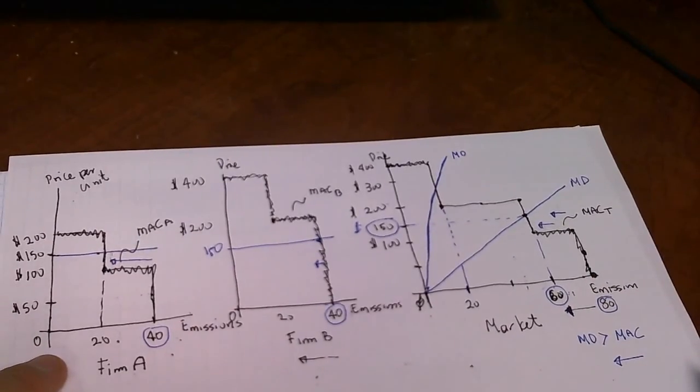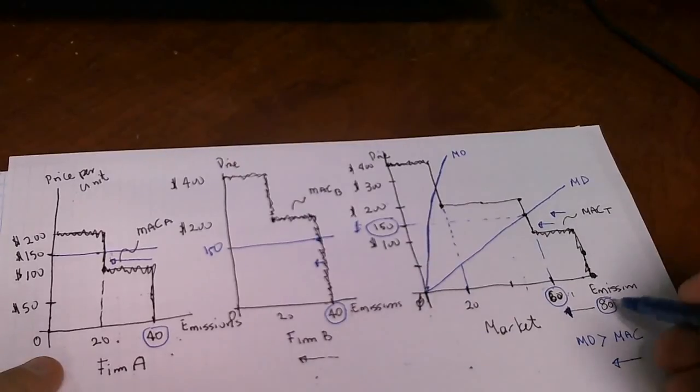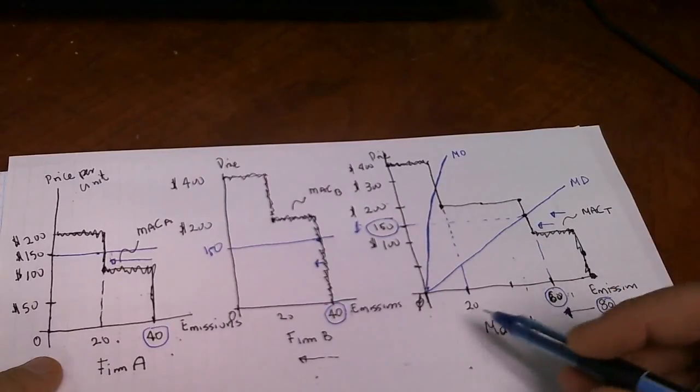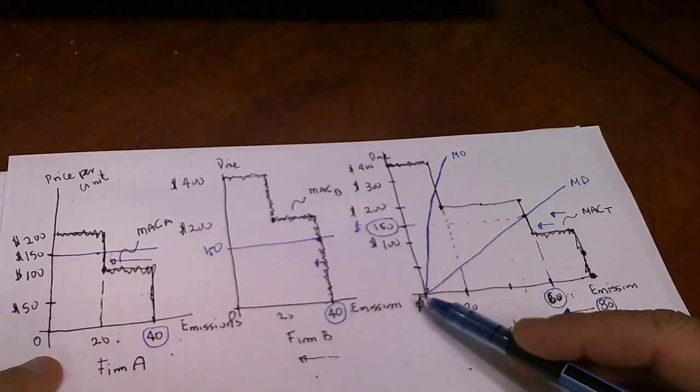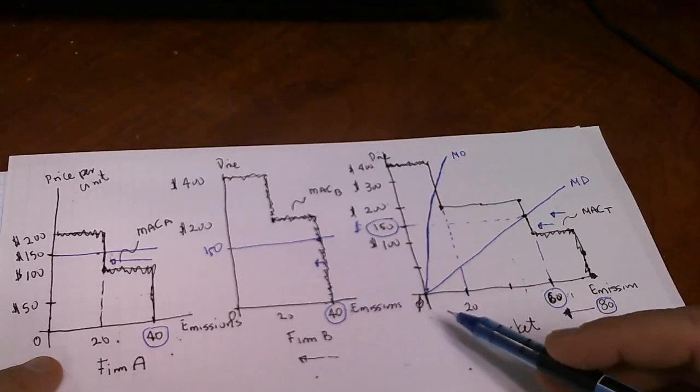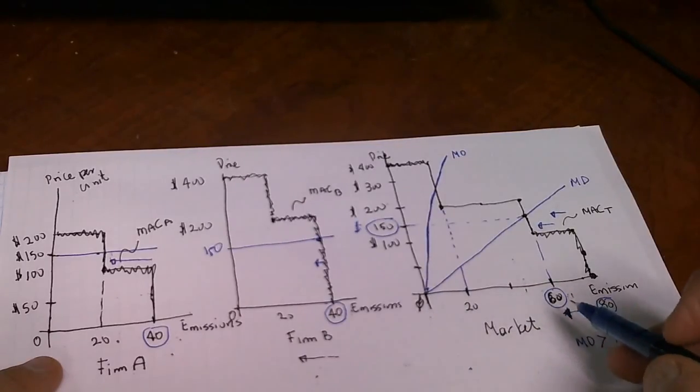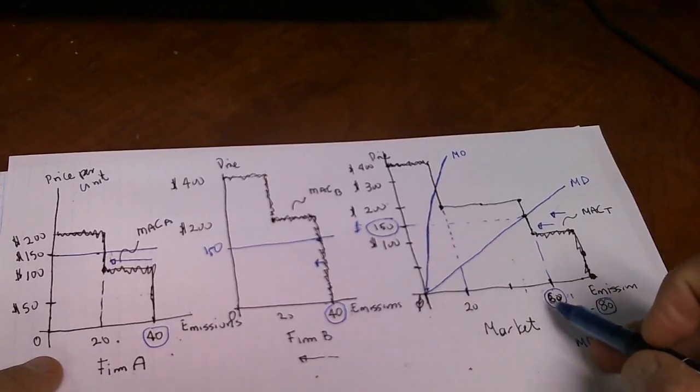So there you go. 80, the unregulated level, is not the optimal solution. 0 pollution is also not the optimal solution given this technology, and it looks like 60 is the optimal solution.